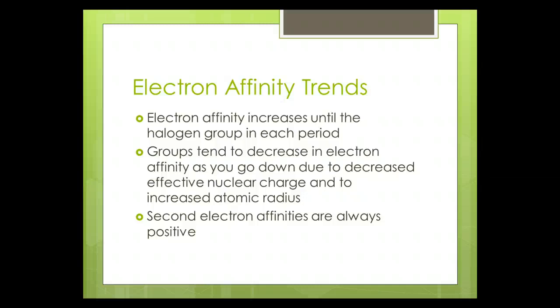So this time our nuclear charge is smaller because we have so many electrons already on there. We've got a lot of protons, but we also have a lot of electrons, and they are further from the nucleus, so that makes the electron affinity even lower.